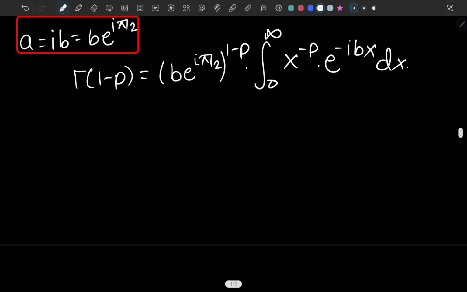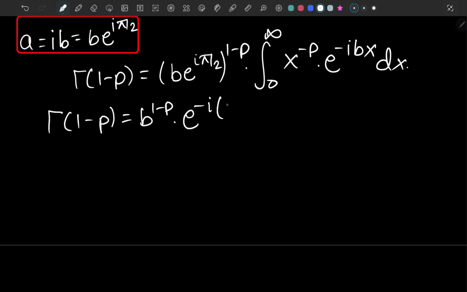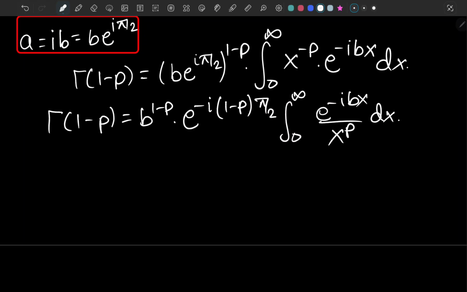This can also be written as gamma of 1 minus p equals b to the 1 minus p and e to the i 1 minus p pi over 2, times the integral from 0 to infinity of e to the minus ibx over x to the p dx.